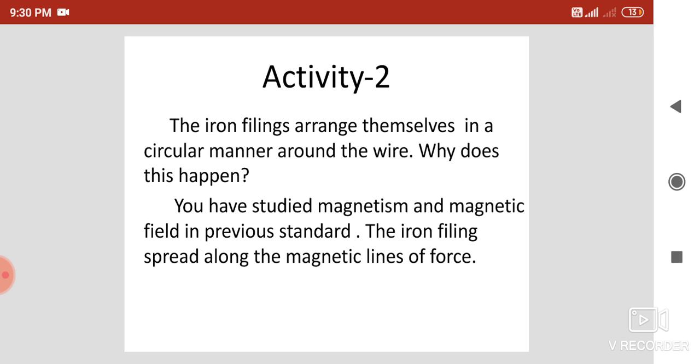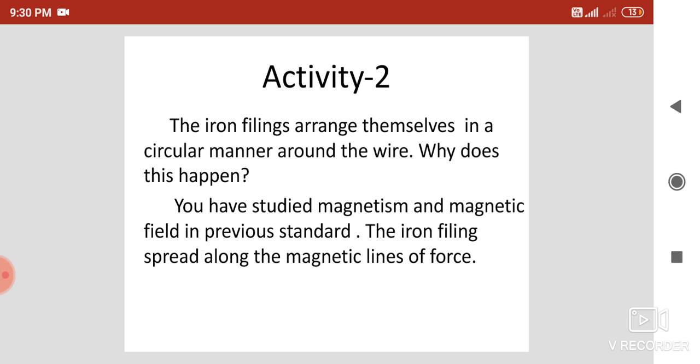Also, when you increase the current, you will find that more circles are formed around the wire. It means the circles form in a thick manner, where the magnetic field is created more.